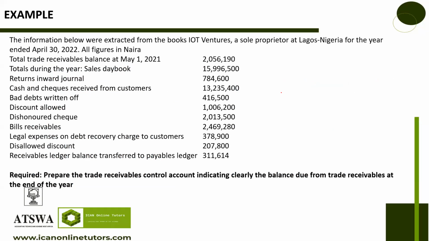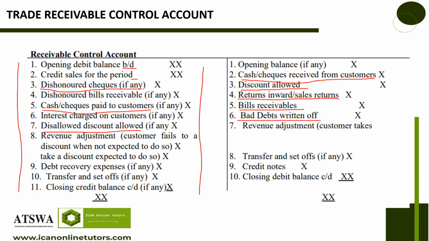So let's take an example. Revenue adjustments. If you look at this side, customer fails to take a discount, or takes a discount when not expected to do so. For example, the customer says he has taken a discount when he's not expected to do so. Do you understand?